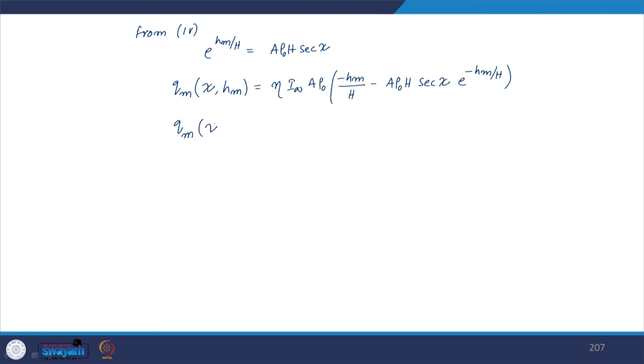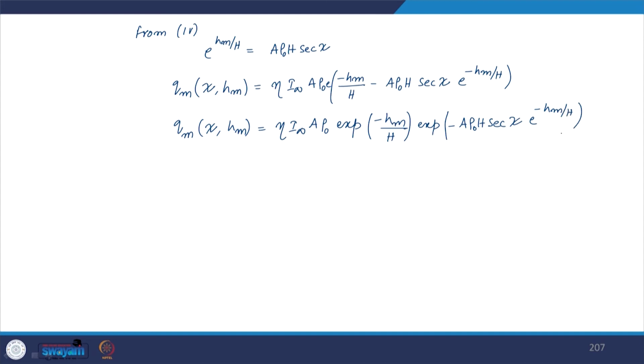Qm, peak production as a function of chi and hm, equals eta I infinity alpha rho naught exponential of minus hm by capital H times exponential of minus alpha rho naught H secant chi times exponential of minus hm by capital H. There is nothing to worry about at this point, it is just a rearrangement.